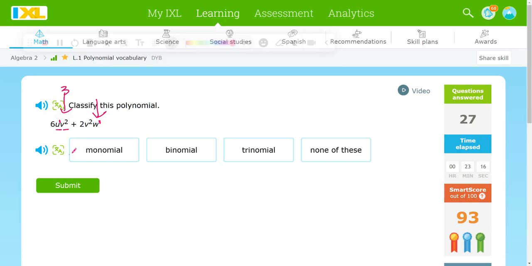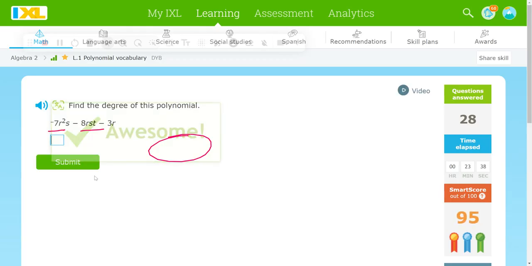If you want to find the degree, you add them together, 2 plus 1 becomes 3. But they ask to classify by the number of terms, so we don't have to worry about the degree. One term, two term, binomial. Two terms is binomial, so I click on binomial. Here we go.